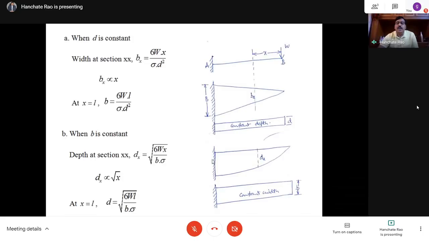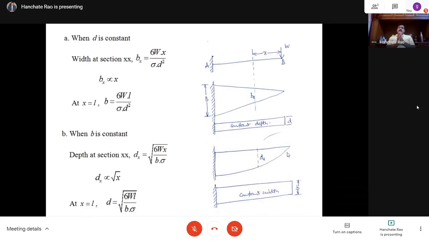And at x is equal to L, at the fixed end, D is equal to root of 6WL by B sigma. So the depth varies from 0 to root of 6WL by B sigma as a curved variation. Please remember, breadth is varying linearly, but depth is varying as square root of x. That point you have to keep in mind.